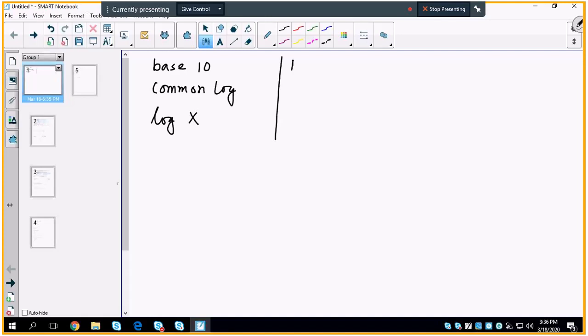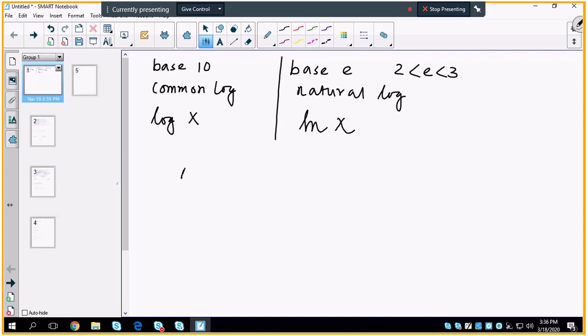Whereas if the base is that special number e, where e is the irrational number between 2 and 3, we call it natural log. And in this situation, as we have discussed last times, the convention is to write ln. So if I write ln x, it's understood that the base is e.